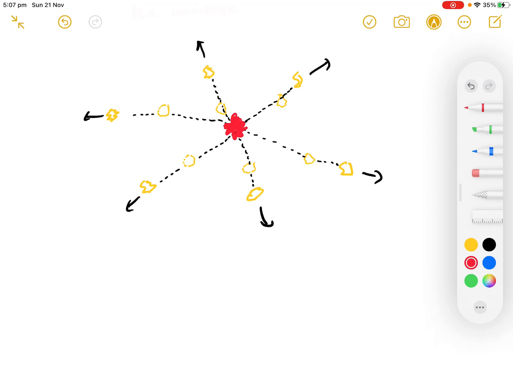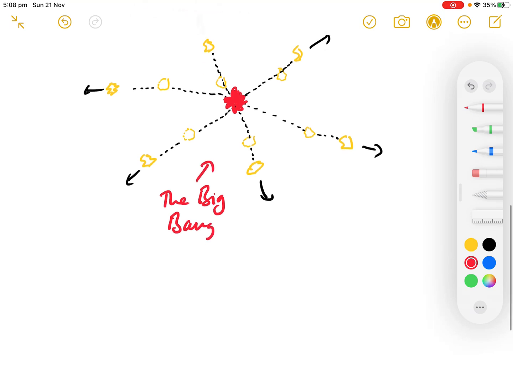So this event in space and time from which all the galaxies came, everything that exists came, as you now know, is called the Big Bang. Sort of nickname, really. That's the red bit in the middle.